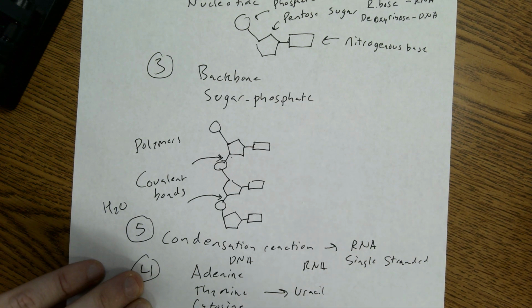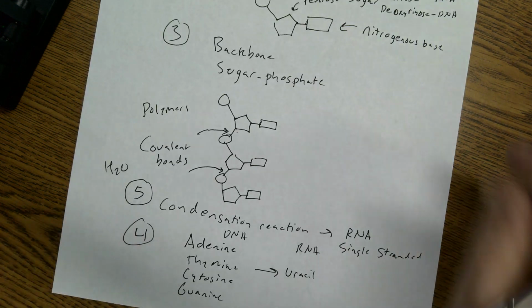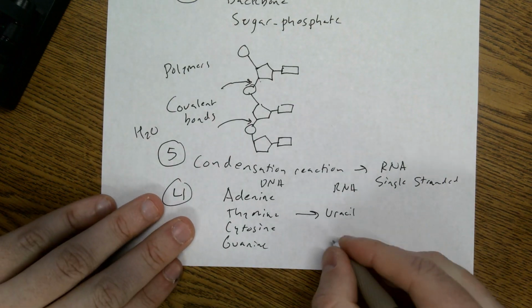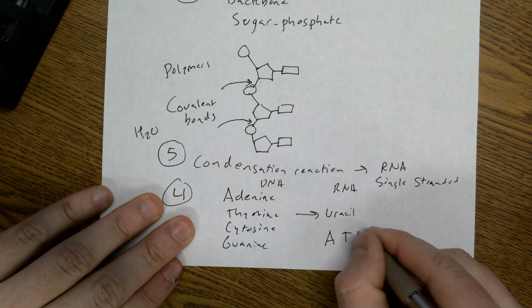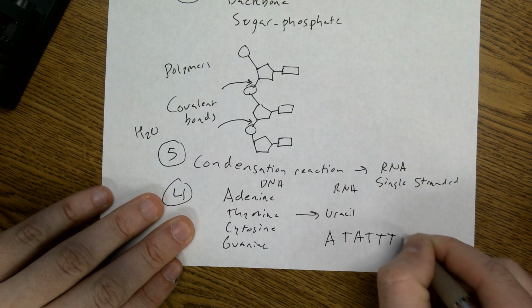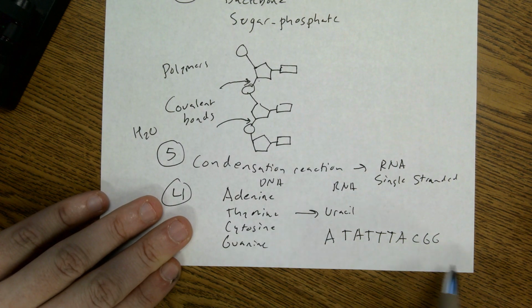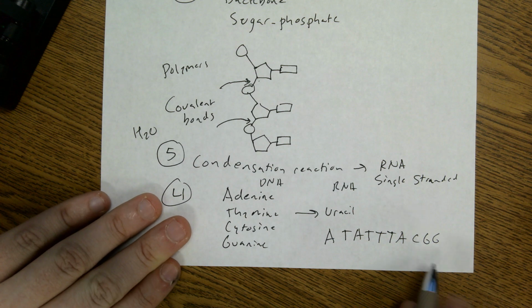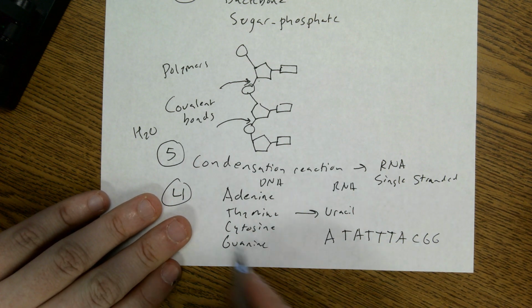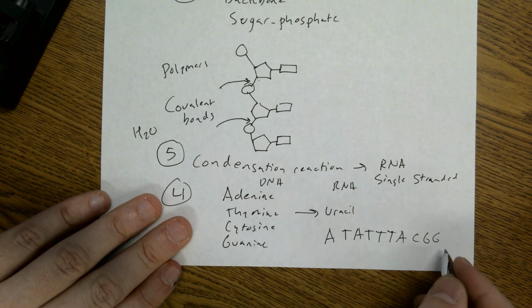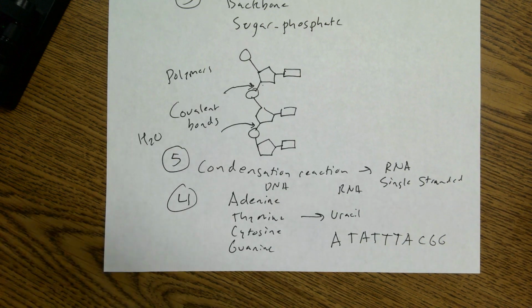And what we do with these is we look at the order of them, and that is what tells us the information. So if we abbreviate it, it'd be like A, T, A, T, A, T, T, T, T, A, C, G. And then your body interprets this as a code. So these nitrogenous bases, you need to know the full names, but then we abbreviate them when we write them out. These are what actually form that information that we were talking about in Standard 1.